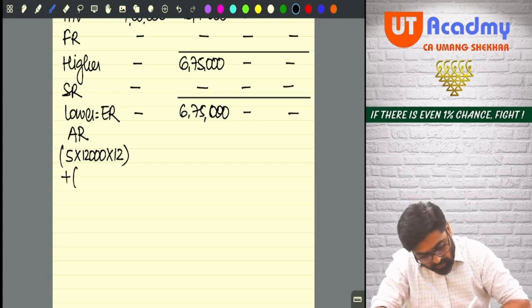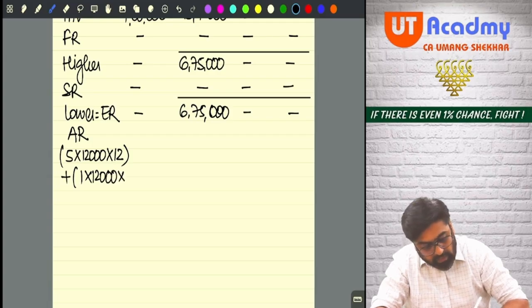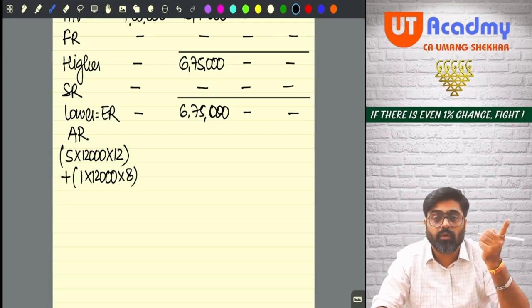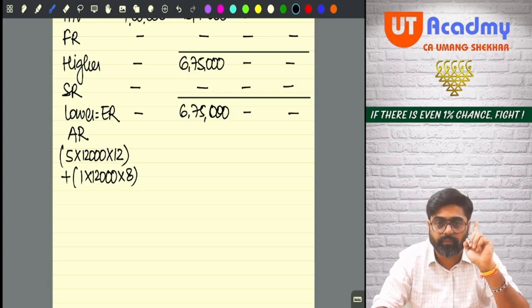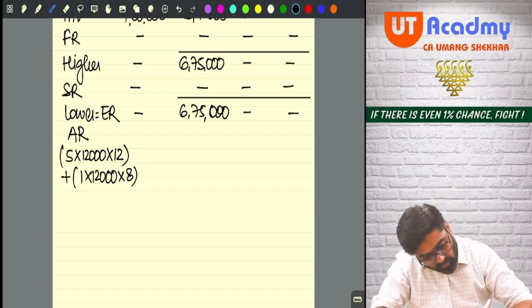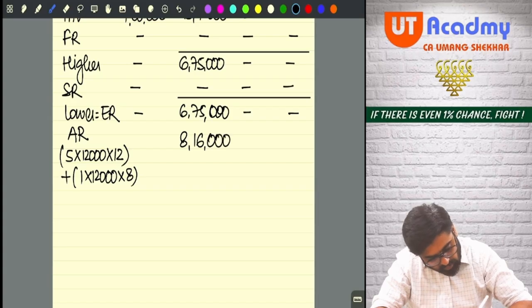Along with that, one property was also let out for 12,000 per month, and that was let out only for 8 months because there was vacancy of 4 months. Many of you might have committed a mistake here. So if mistakes were committed, please be careful. This amount will be 8,16,000. If I am not wrong, please check. Amount is correct.